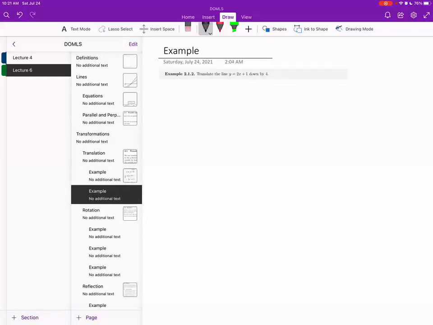Next, let's translate the line y equals 2x plus 1 down by 4. In this case, we want to move down, which is in the negative direction. So if we're moving in the negative direction, we're going to add 4 to the variable. So y becomes y plus 4. Because of that, we get y plus 4 is equal to 2x plus 1.